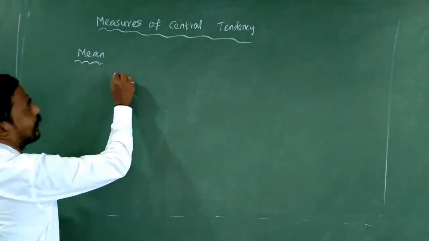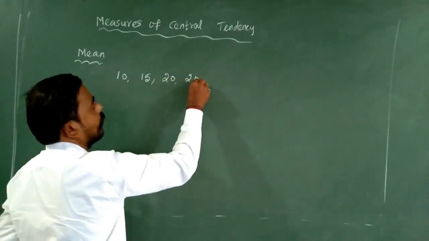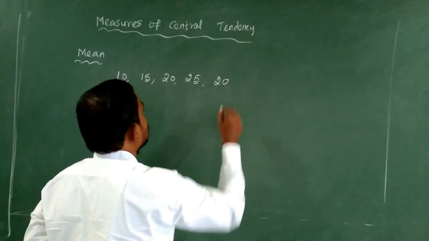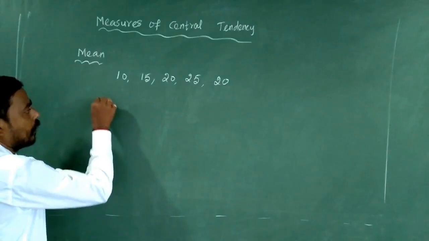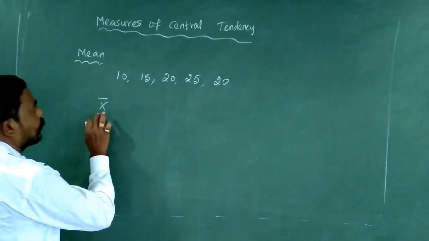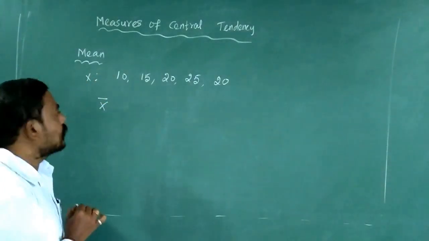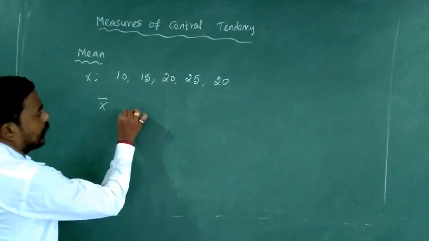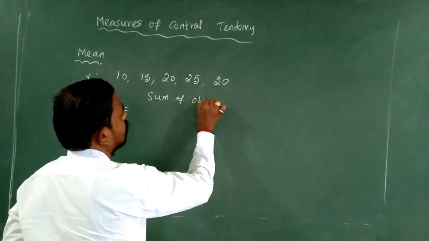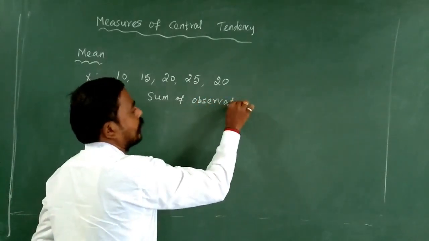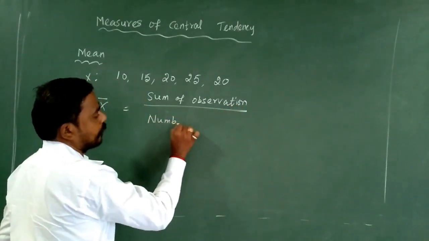Suppose you collect the data 10, 15, 20, 25 and 20. Now the arithmetic mean may be called X bar. The collection of data is X and X bar is the arithmetic mean. So X bar is the sum of observations divided by the number of observations.